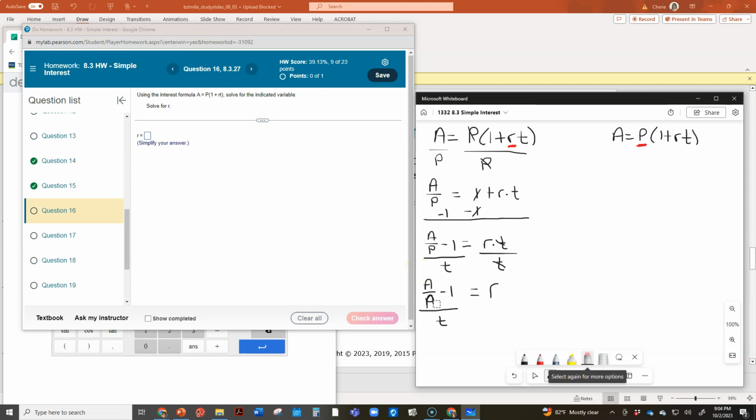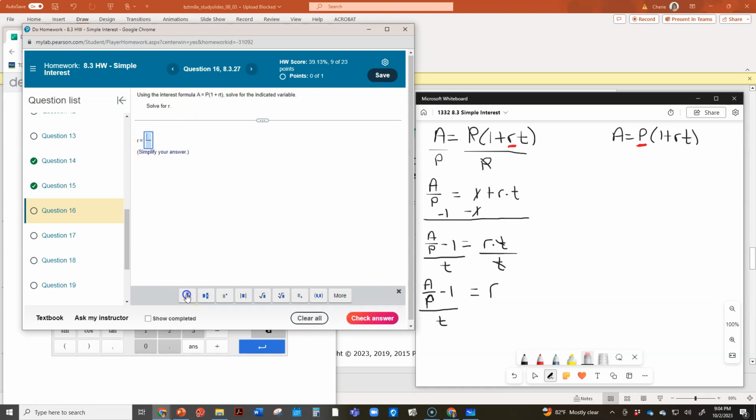That looks a little wonky because, okay. So there's the problem solved for R. That's the answer to this question, and I believe you would do a fraction bar and then do another fraction bar. So you have A over P. I don't know if capital letters matter.